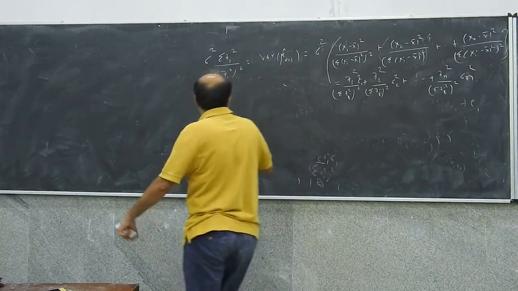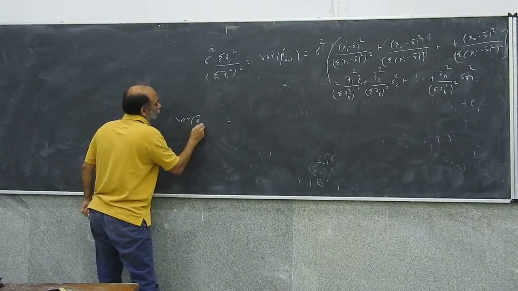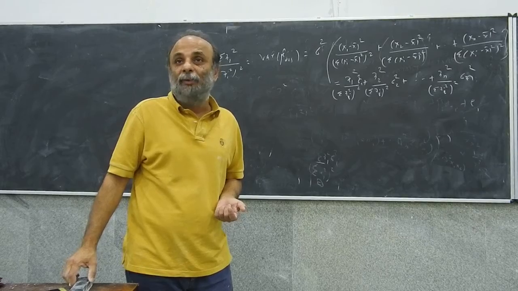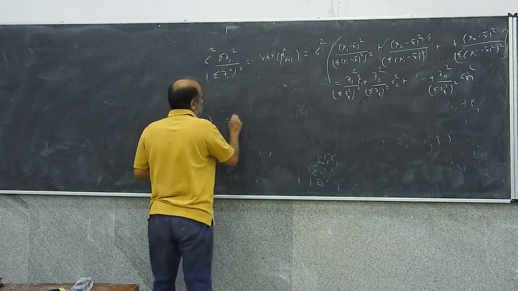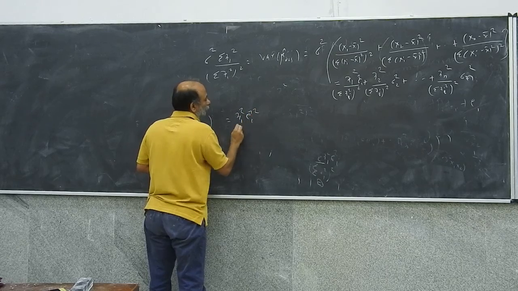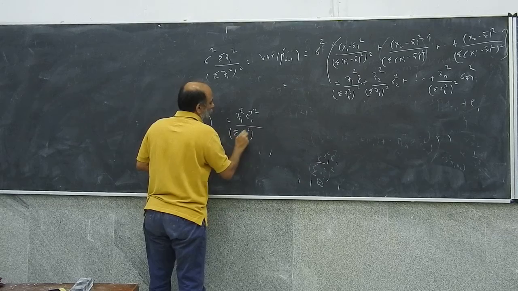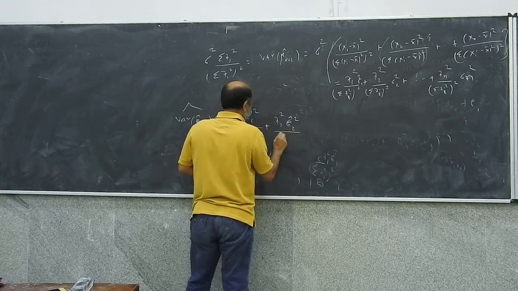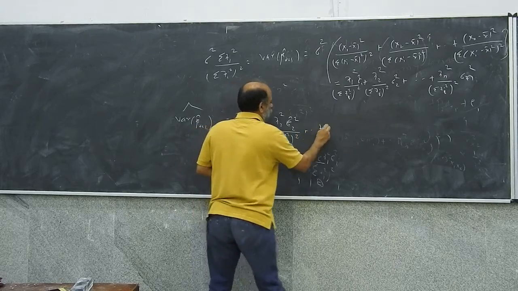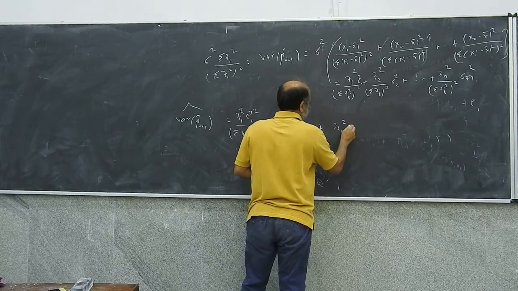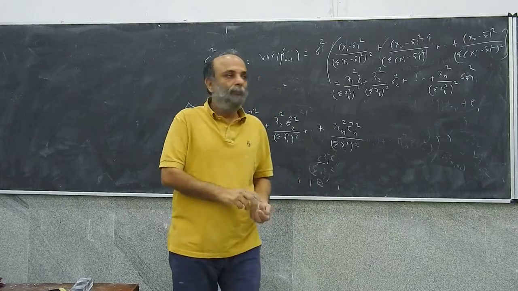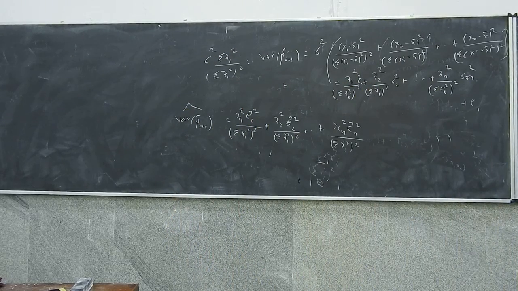So the idea is to estimate the variance of beta hat OLS not by sigma square upon summation xi minus x bar square, but by simply replacing sigma 1 square by e hat 1 square, sigma 2 square by e hat 2 square, sigma 3 square by e hat 3 square.